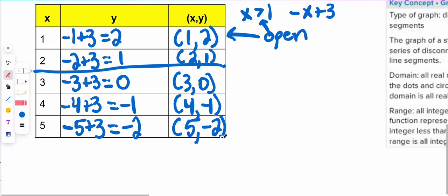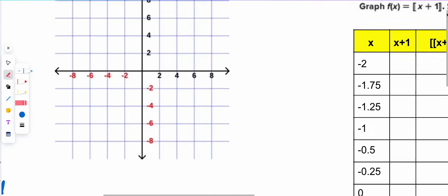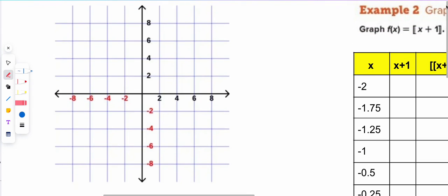So now I'm going to scroll up to the top here where we're actually going to go ahead and graph those points. So when we go to graph this, I told you we'll start the one line at 1, 6, and it's going to be a closed circle because we know that our x is equal to in that part. So I go 1, 6, fill in a circle.